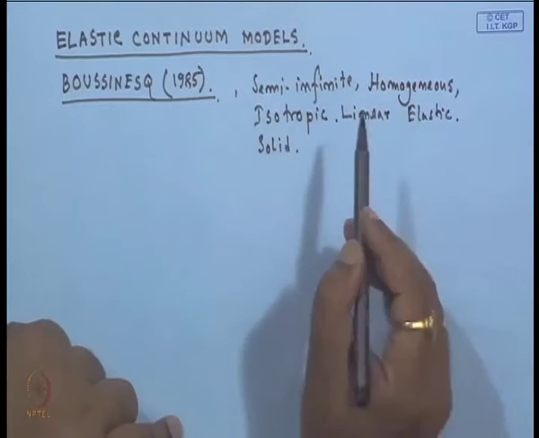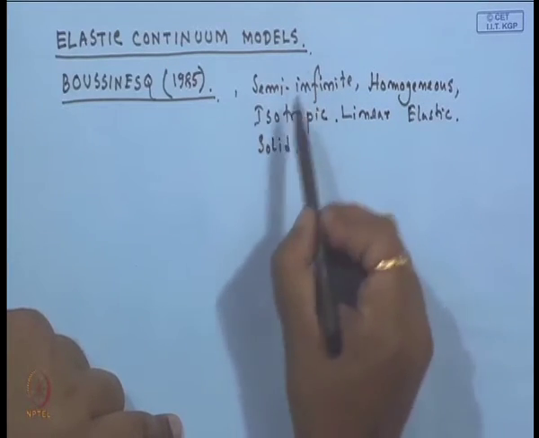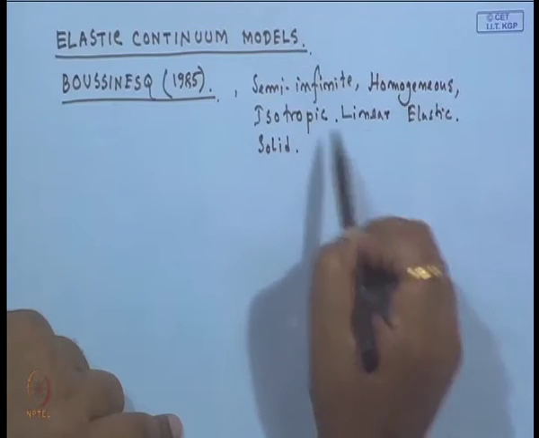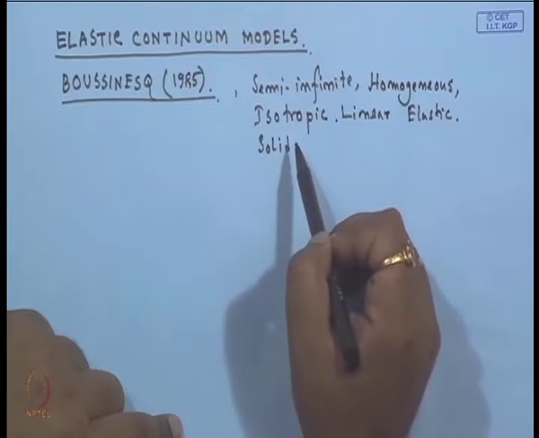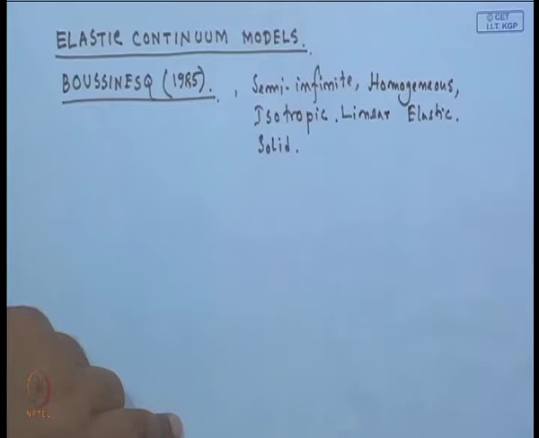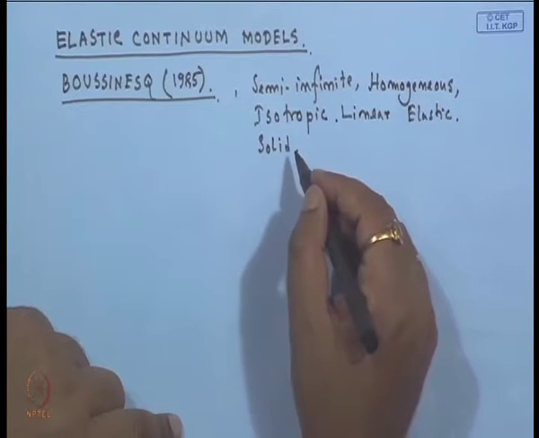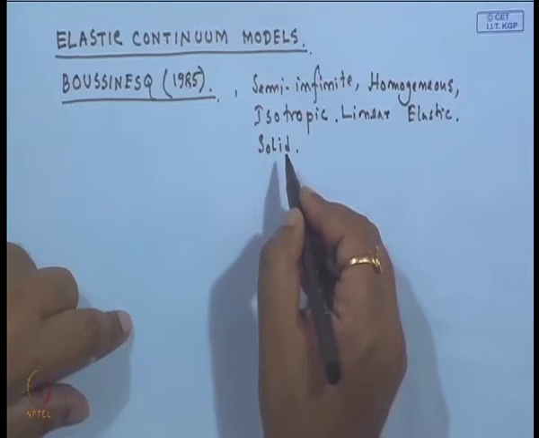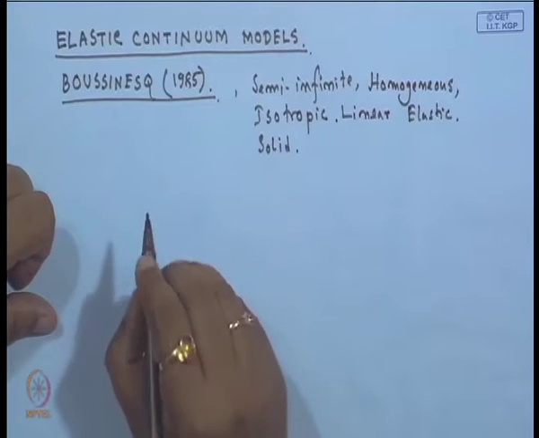Here the soil is idealized as a semi-infinite homogeneous isotropic linear elastic solid, which is subjected to a concentrated force acting normal to the plane boundary.